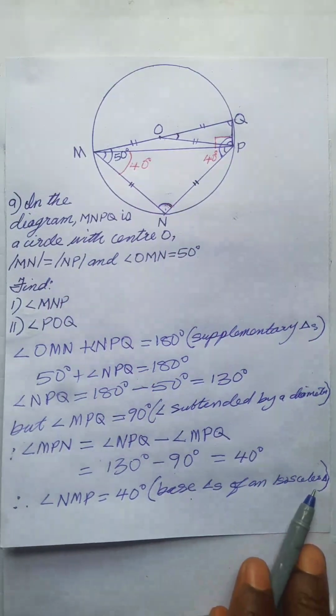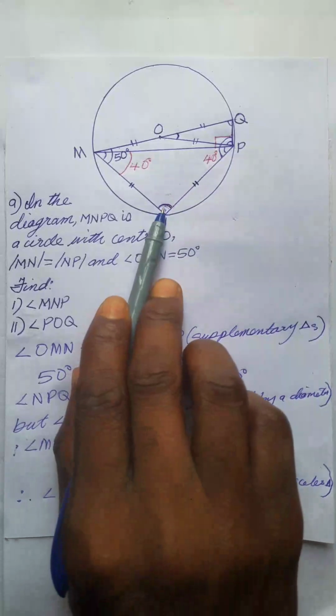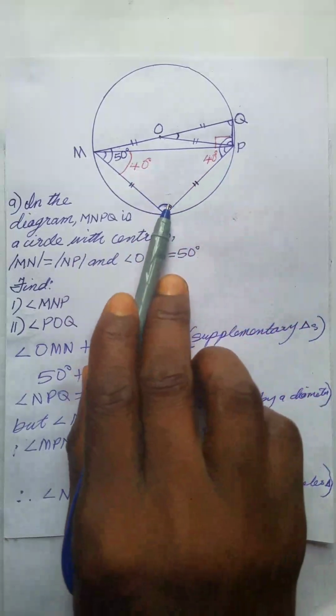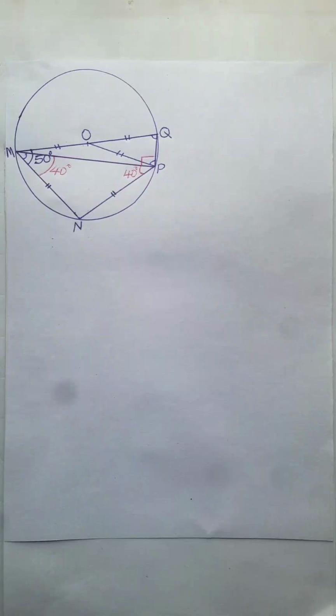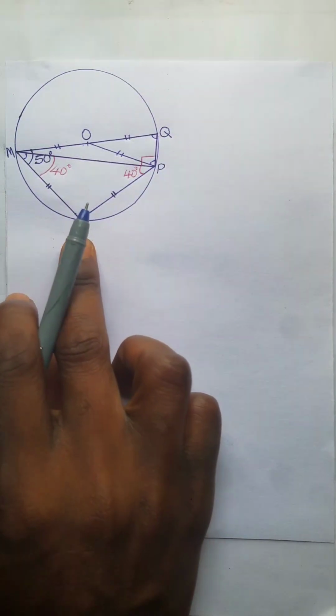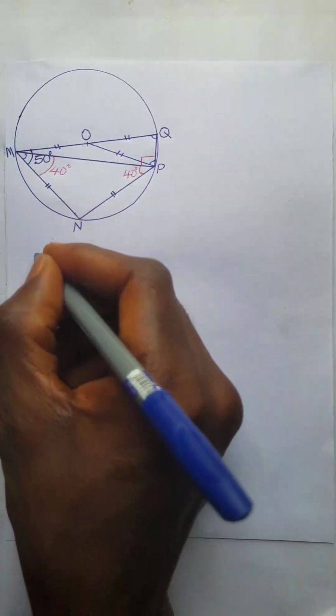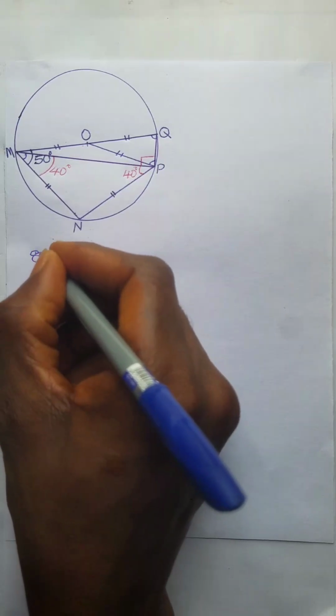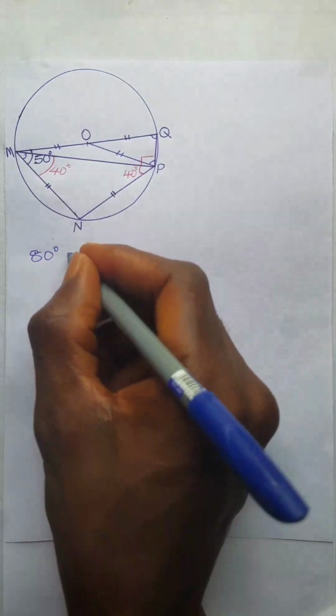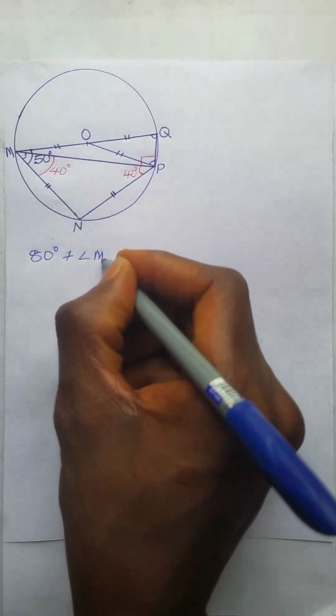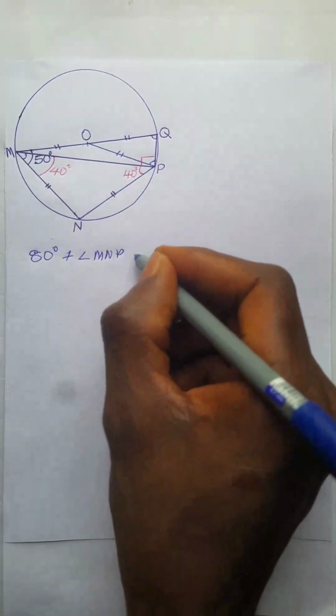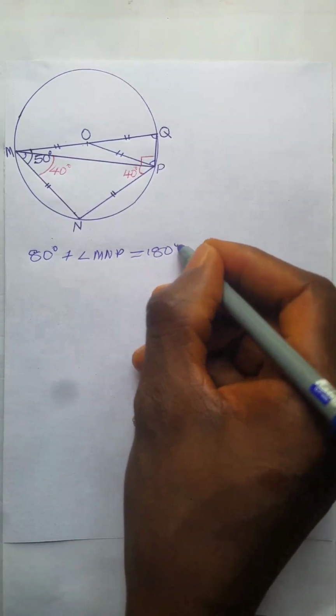Okay, so let's proceed to finding this angle now. I know two angles, so I can easily find the third, right? Okay, so we've transferred the annotations down here. So we proceed. That means 40 plus 40, 80 degrees, plus angle MNP is equal to 180 degrees.